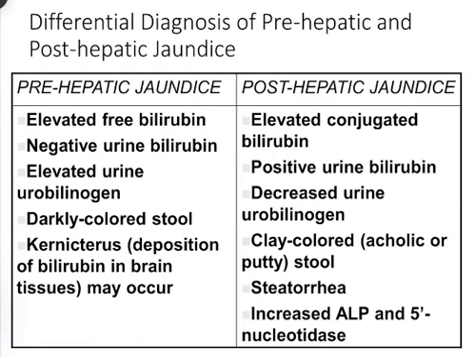Okay? Kernicterus or deposition of bilirubin in the brain tissue may also occur. How? Your liver delivers blood into the heart, then your heart delivers it all throughout the body. So, what is the correlation? After the increase of bilirubin in the blood before the liver, your liver will degrade it.